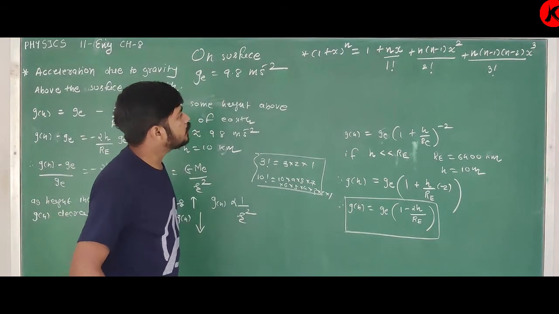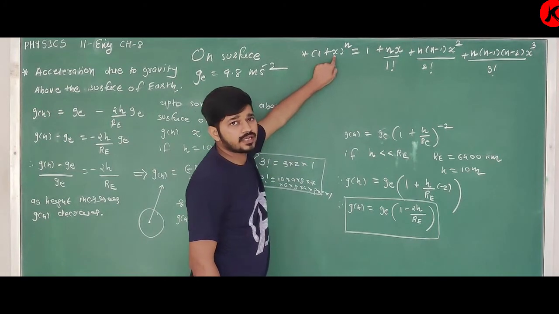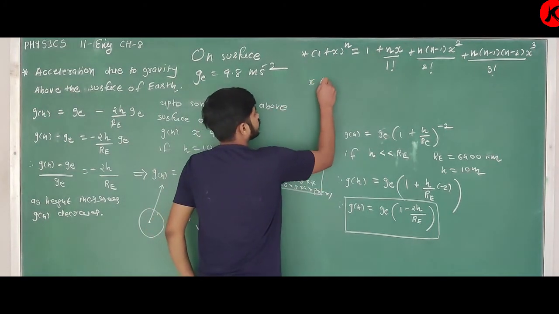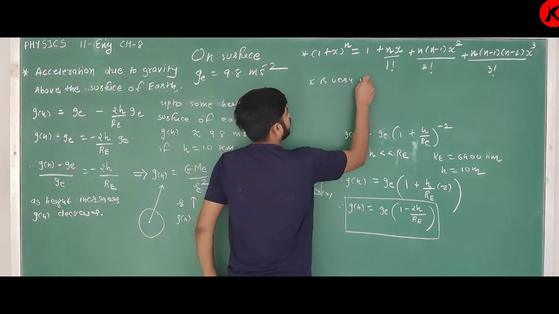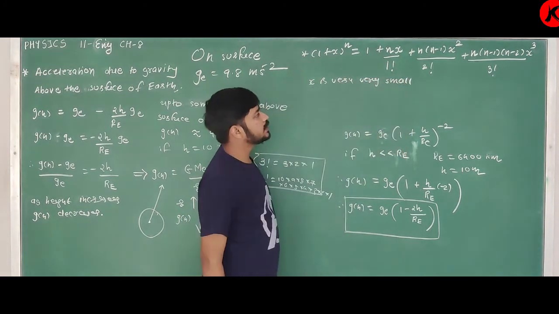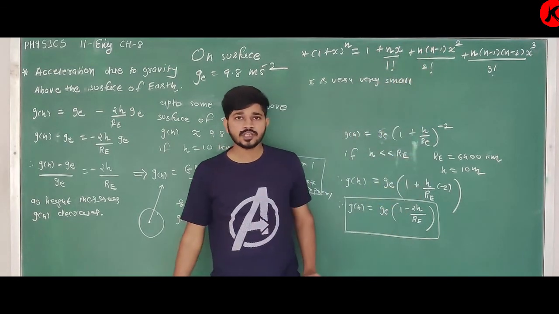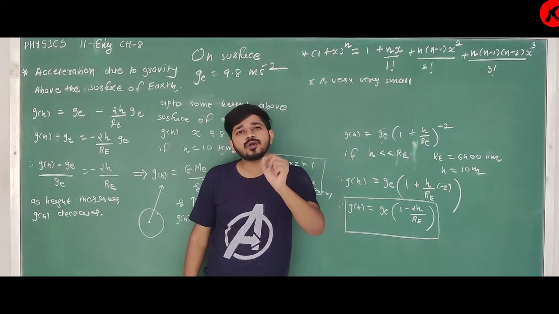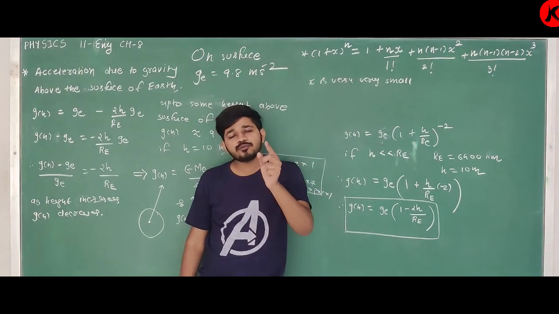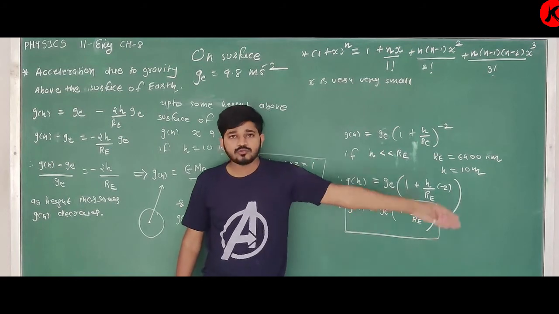Okay. Now what happens? See, if this x term is very small, then what happens? Here it is only x, but here it is x square. If you have one value 0.001 and if you square it, then it is very small.